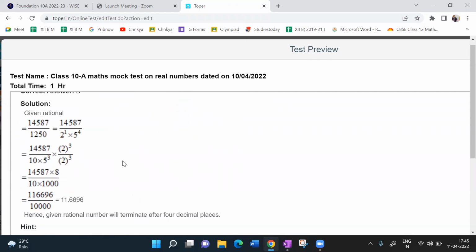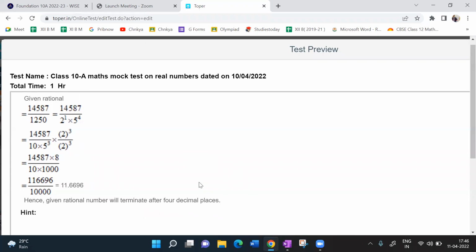He has given a solution as well. 145.87 divided by 1250. So yes, after 4 decimal places, it is terminating. After 4 decimal places, it is terminating. Clear? Is it clear, guys?